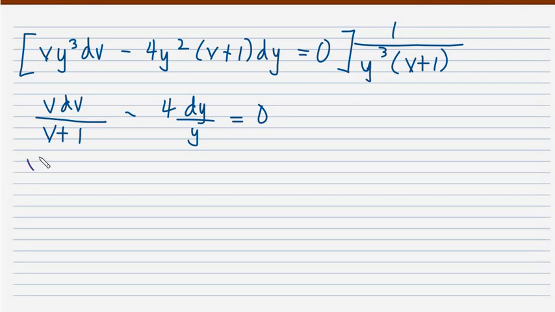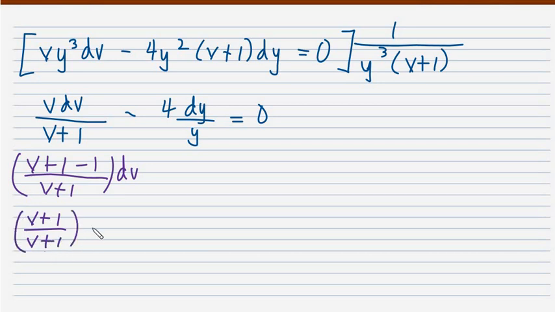So let's write v as (v plus 1) minus 1 over v plus 1. So effectively we just added 0, but we have (v plus 1) over (v plus 1) differential v minus dv over v plus 1, minus 4 dy over y is equal to 0.